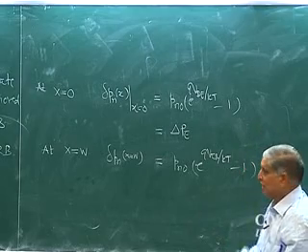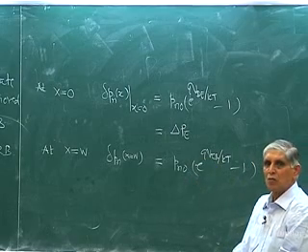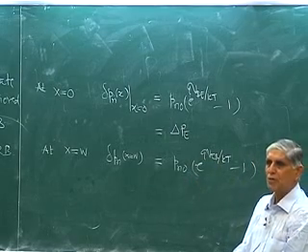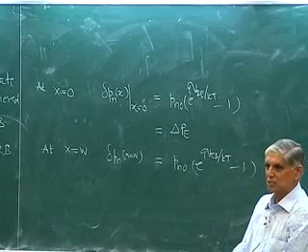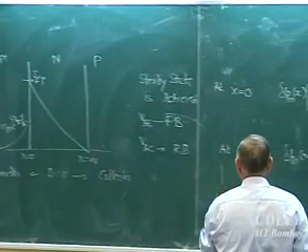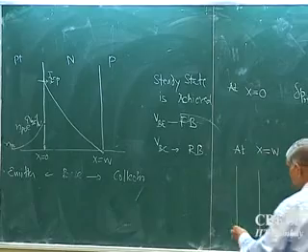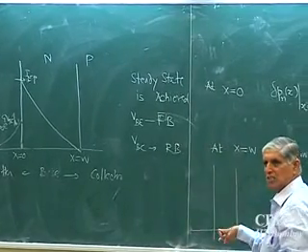Okay. Now in the case of reverse bias, what is the VCB value? Negative and very large. At x is equal to W, this is a reverse bias junction. Under a reverse bias junction, what is the carrier concentration at the boundaries?